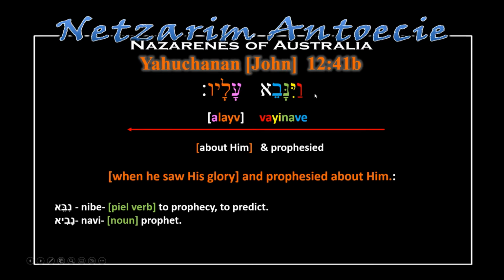If we look down here, nibe is a piel verb: to prophesy, to predict. And navi, the difference being there's a yod in it, is a noun for prophet. So it means and prophesied, because the yod is like the future, and with the vav in front of it, it reverses the tense and makes it a completed action: prophesied.